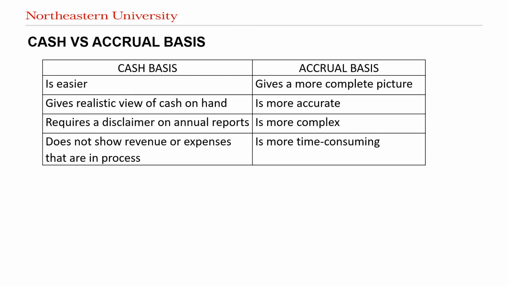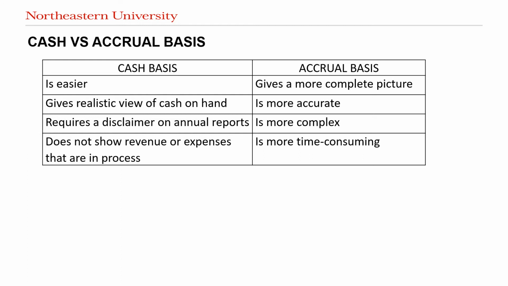So let's compare cash versus accrual accounting. A cash basis is a much easier accounting system, and it gives a very realistic view of cash on hand. You know exactly what cash is in the bank.